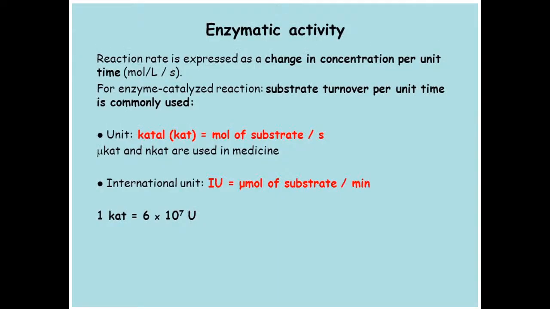Enzymatic activity, or reaction rate, is expressed as a change in concentration per unit time. For enzyme catalyzed reactions, substrate turnover per unit time is commonly used. So the unit is catal, mole of substrate per second. Microcatal and nanocatal are used in medicine. The international unit is micromole of substrate per minute.